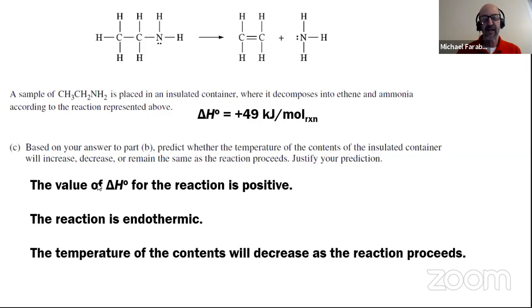So for all students that made the mistake in part B and thought it was exothermic by having a negative 49, which is wrong, they would have lost the point in part B. But if they go on to say that the value of delta H is now negative, the reaction is exothermic, and temperature would go up, they would get credit for part C for an answer that is consistent with the error that they made earlier. All right, so we talked about the temperature goes down, it's endothermic, and now on to part D.